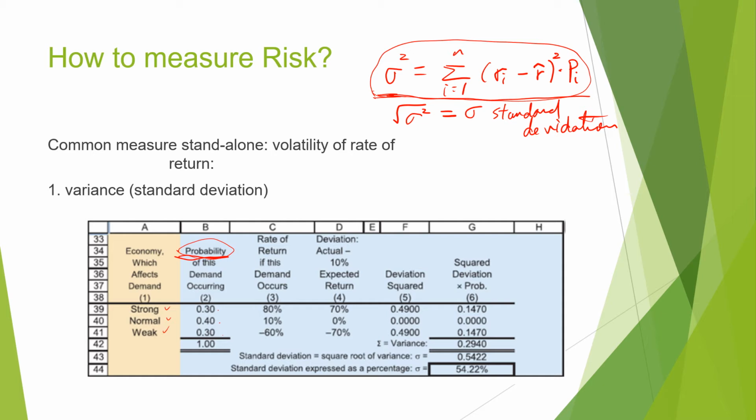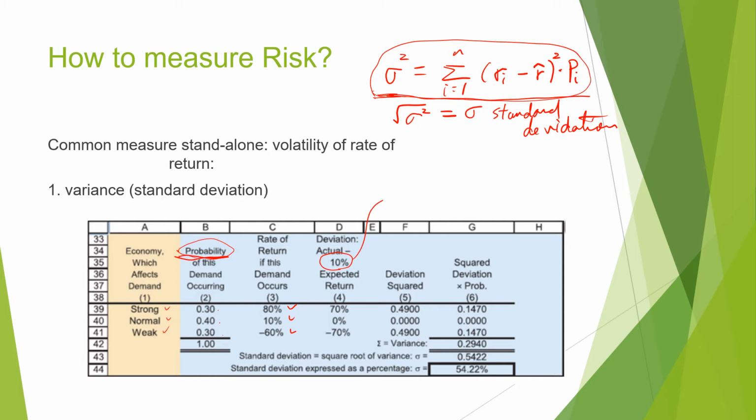So here in this Excel sheet, rate of return if this demand occurs, strong means rate of return is 80%. Normal return means 10%. When economy is weak, the rate of return is minus 60%. Deviation, we find deviation, that means 80 minus, in this case, this 10% is estimated rate of return.